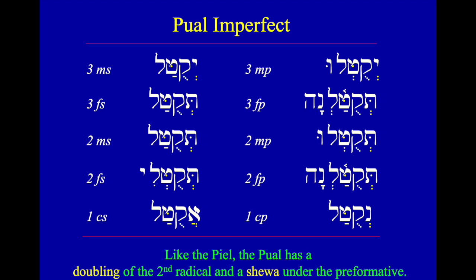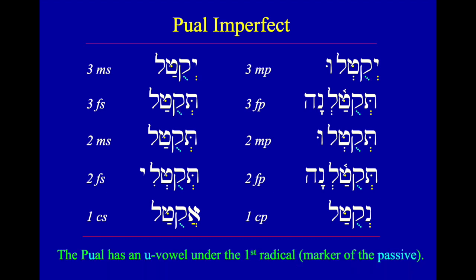I'm going to back up there. I went a little too fast past that. Like the Piel, the Pual has a doubling of the middle radical and a schwa under the preformative. But what makes it distinctive as a Pual instead of a Piel is that it's got this oo underneath the first radical, and that's what's going to make it passive.